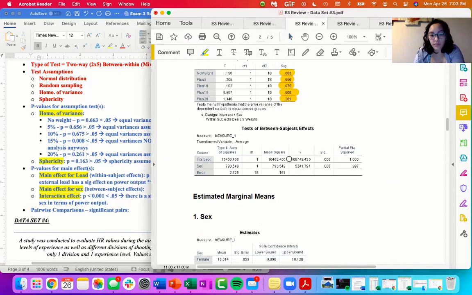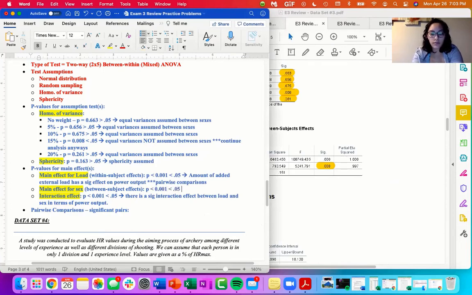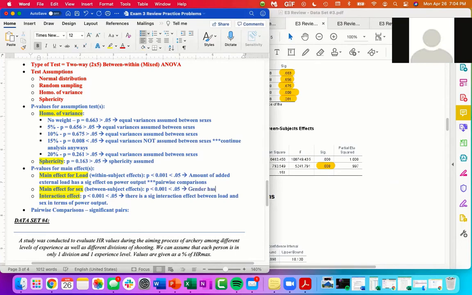P is less than 0.001. Yeah. Okay. Which is less than 0.05. So how would we interpret that? Gender has a significant effect on power output. Yep.